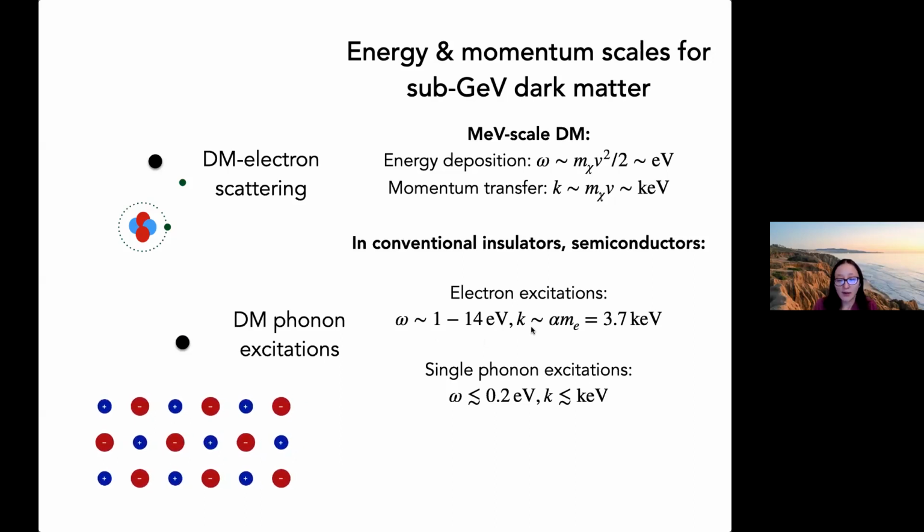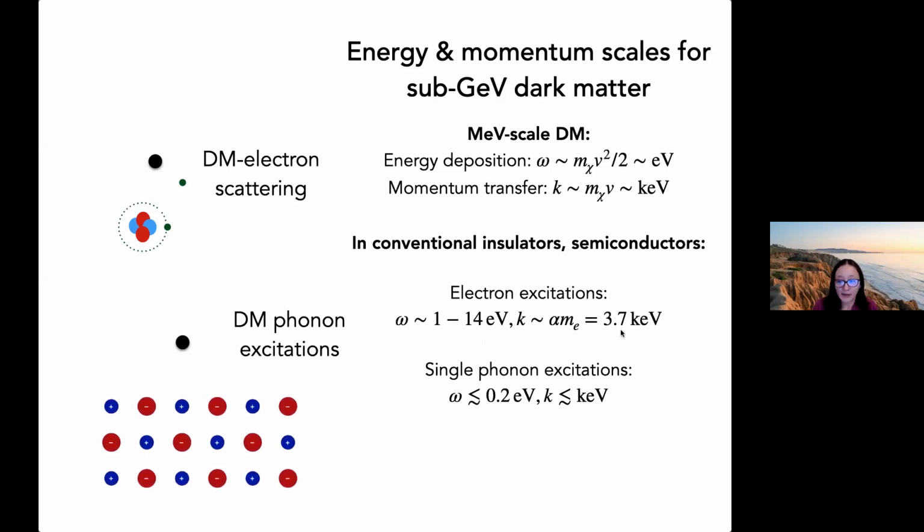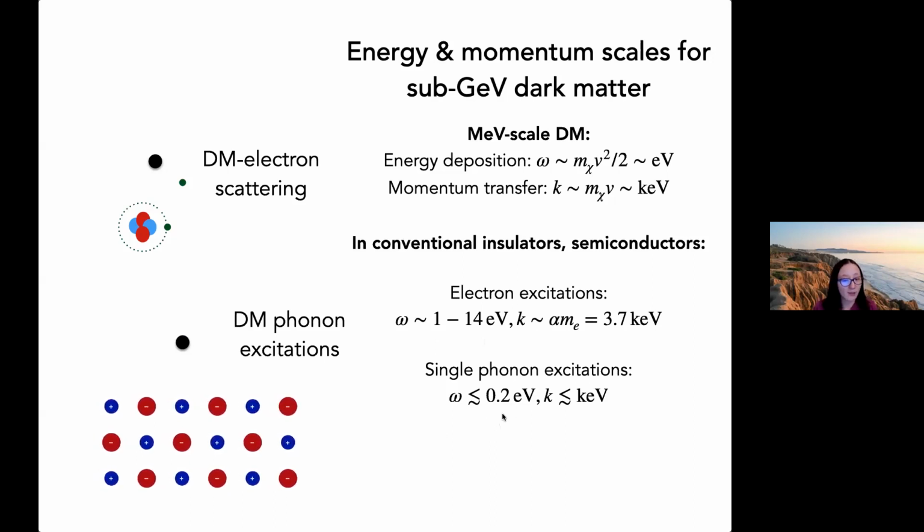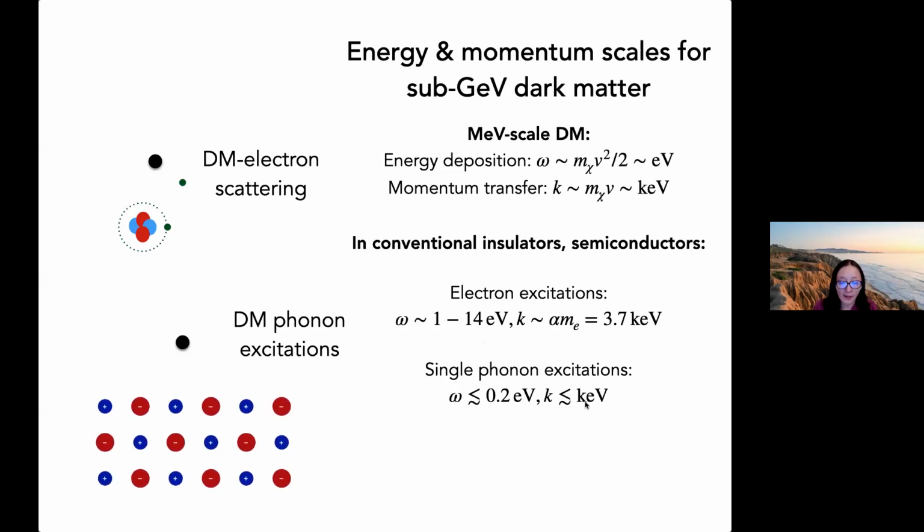Similarly, the momentum scale is set by alpha m_e, the inverse Bohr radius, of about 4 keV. Meanwhile, for phonon excitations, if you look at single phonons, the energy scale of a single phonon is below about 0.2 eV, and the momentum is below about a keV.